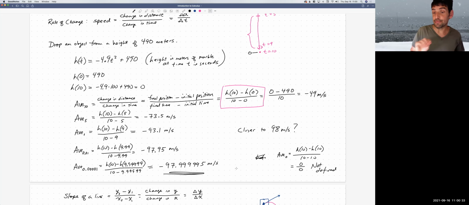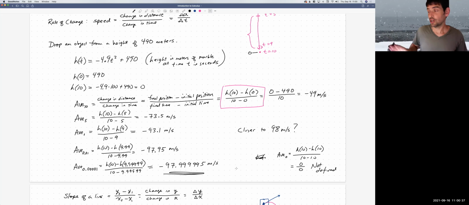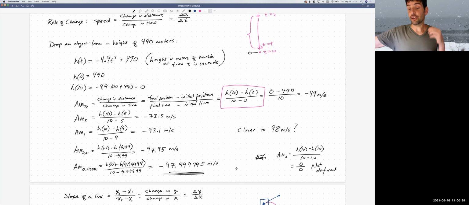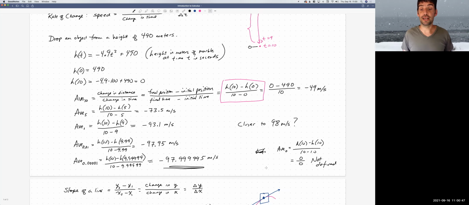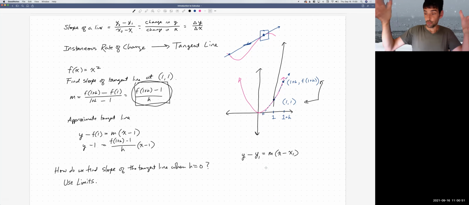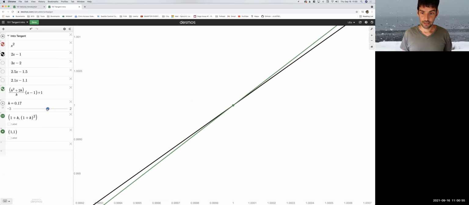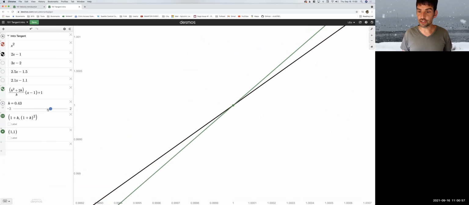There's no number I can put in to make this computation equal 98, but can I show that it's always going to be going closer and closer? I can make it as close as I want to 98 by making my interval smaller and smaller and smaller, right? That's the idea of the limit. Graphically, we saw it when we looked at these secant lines getting closer and closer to that tangent line.